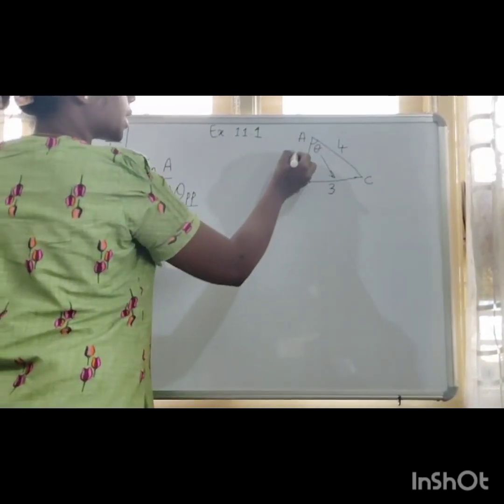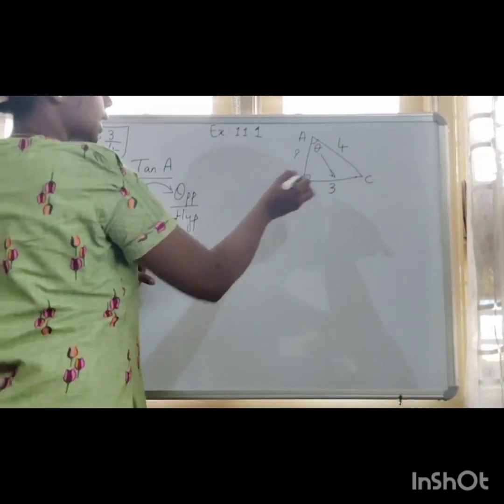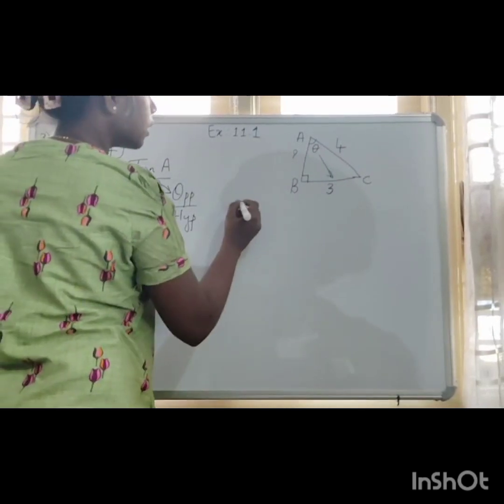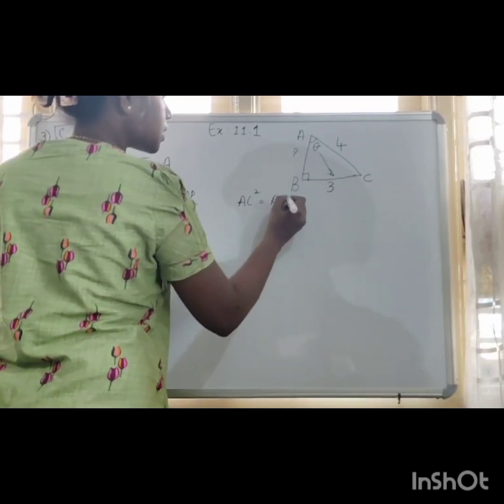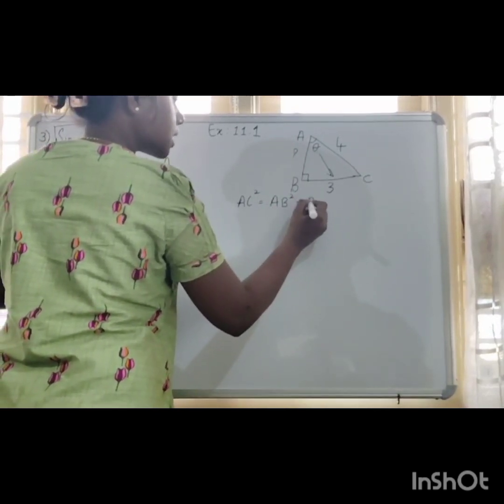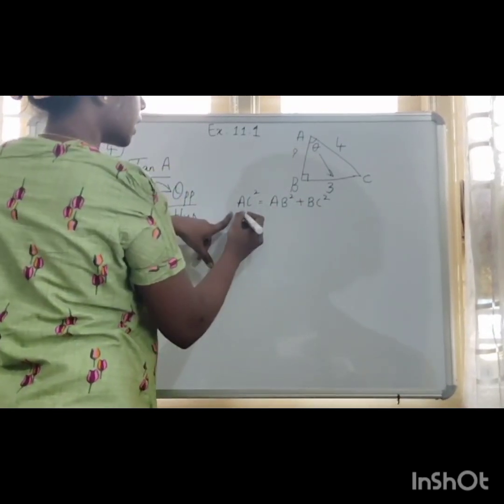Now we are supposed to find out this side. For this again we will be using Pythagoras formula. AC square is equal to AB square plus BC square.